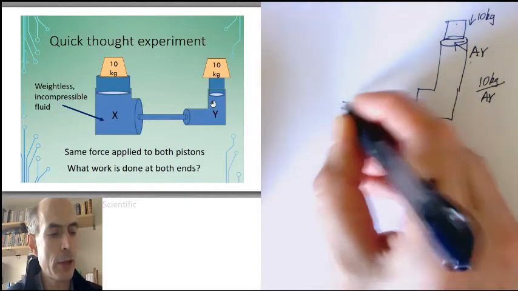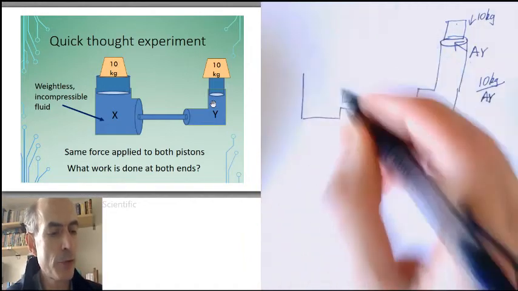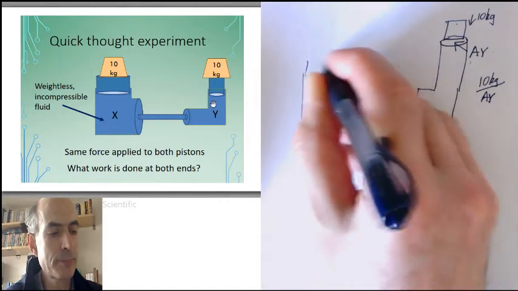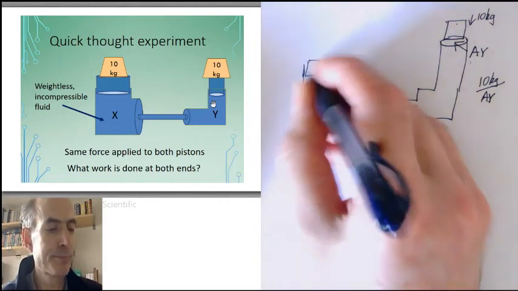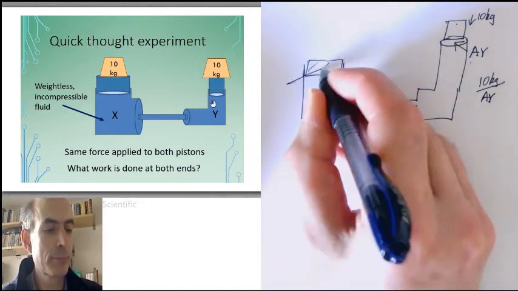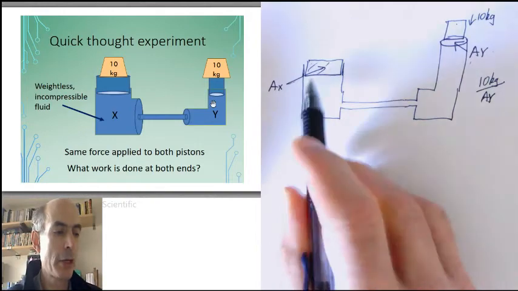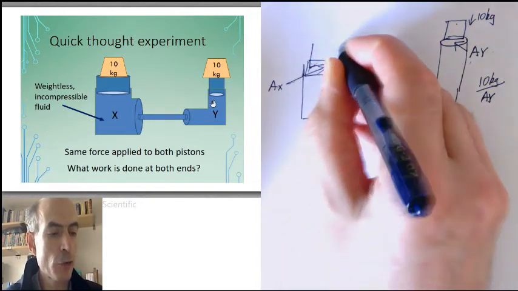On the other side of the system, I've got another arrangement, but this time I have a larger plunger in my cylinder of cross-sectional area AX, bigger than AY. I have a 10 kilogram weight here as well.